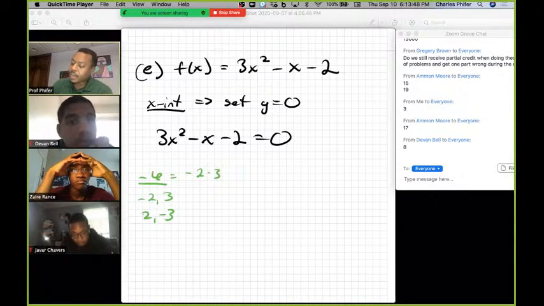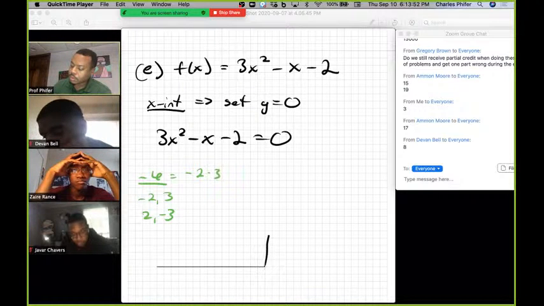So I'm going to use the box technique to factor this. This is something my students showed me in the past. And I borrowed it from them.